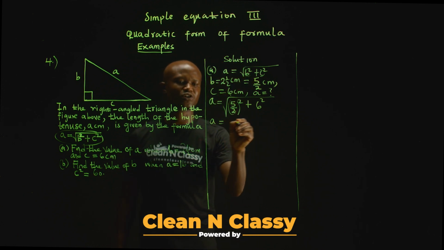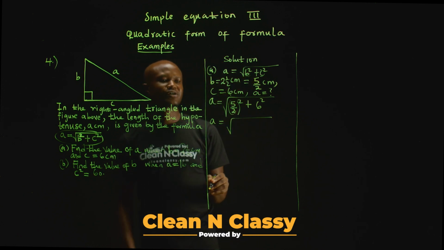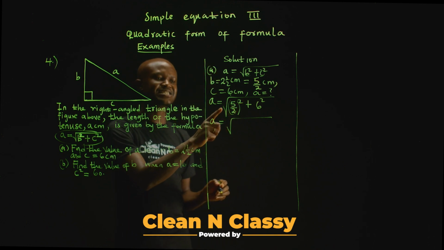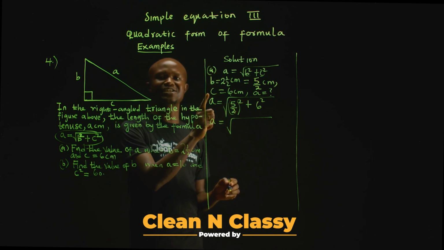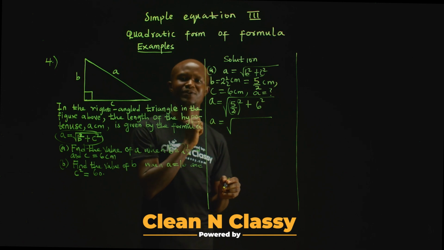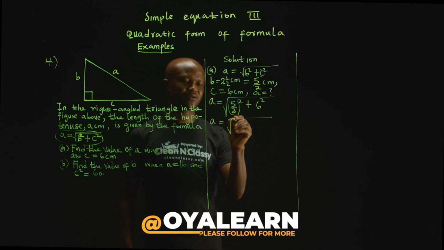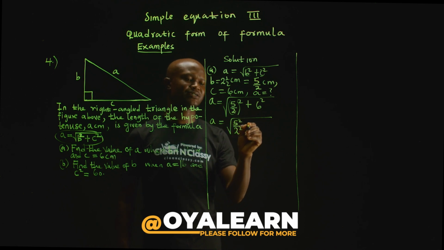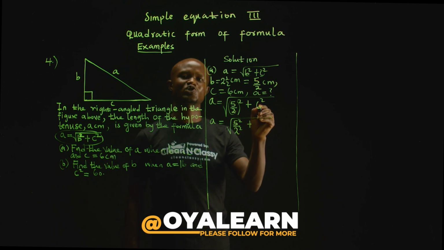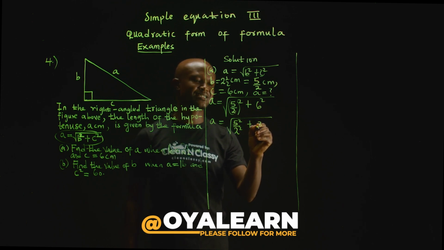Now, a equals the square root of, these two we have applied to each number, at the numerator and at the denominator. 5 squared, we have 5 squared, then we have 2 squared, plus, what is 6 squared? 6 times 6, that is 36.